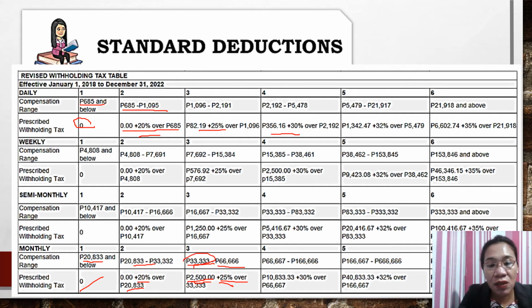Yung difference, yun ang linalagyan ng 25% tax plus 2,500. Ganun ang pagkuha ng tax, withholding tax. Okay? Next.